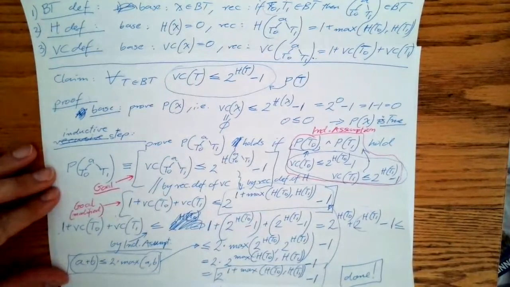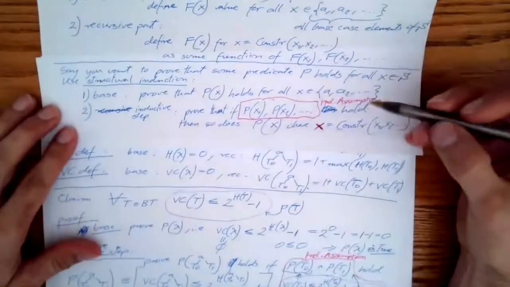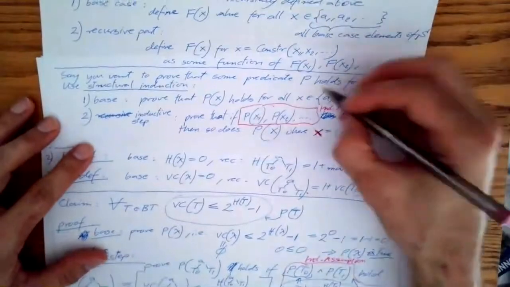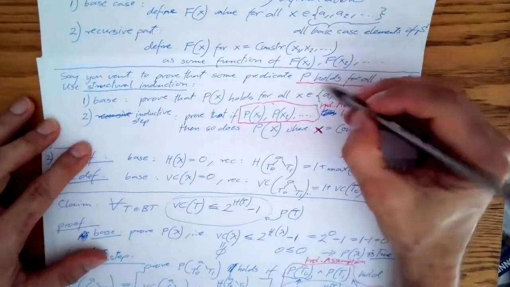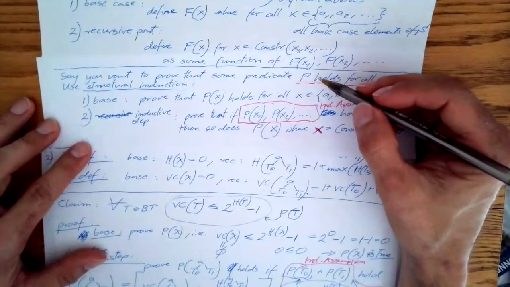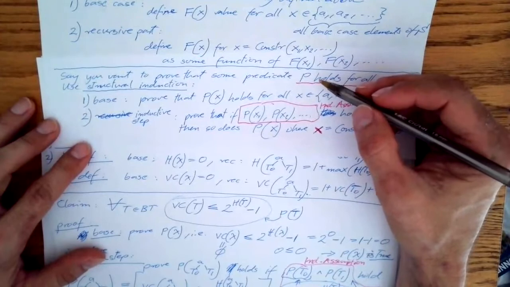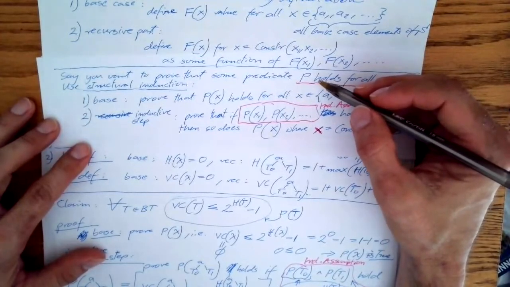Professor? I was wondering, what's the difference between structural induction and normal induction? Because this to me kind of just looks like normal induction. Yes. The short answer is that normal induction is defined for a predicate that holds for integers. The predicate in normal induction is always a predicate about integers, right? Let's call them n. And the way you prove it is that if it holds for some integer k, then it holds for integer k plus 1.